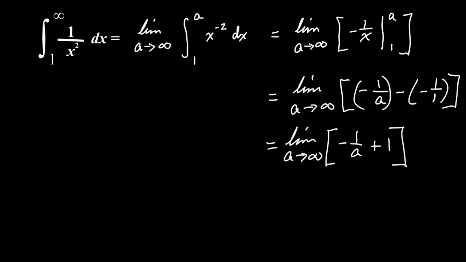And we can see that as a approaches infinity, this fraction will go to 0, leaving us with an area of 1. Now, just because the last problem and this problem came out to an area of 1 does not mean that they all approach 1. That just happened to be a coincidence.